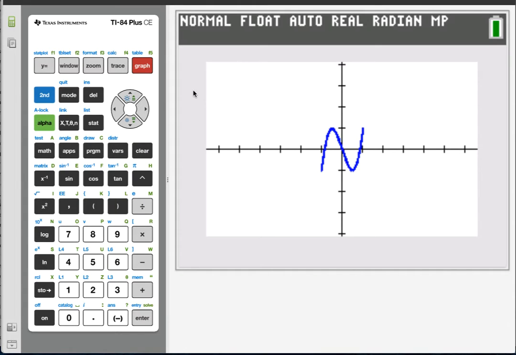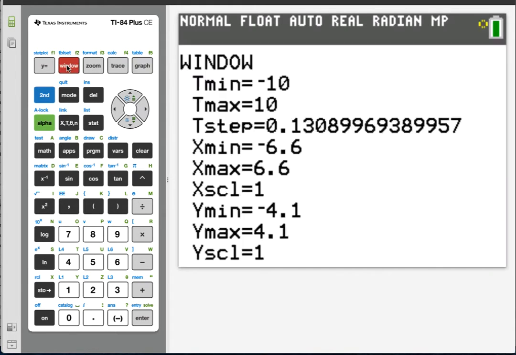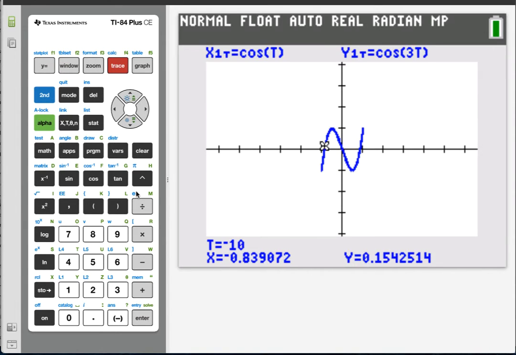If we think about theta for the cosine function, the period is 0 to 2 pi, and if I look at my window, I'm going way outside that period. So I have to be getting some repetition. In fact, if I trace and hit my right arrow, you can see we are most definitely tracing this curve multiple times.